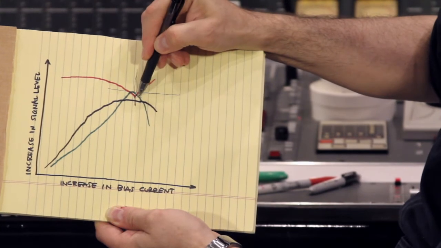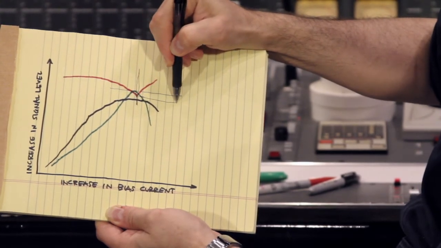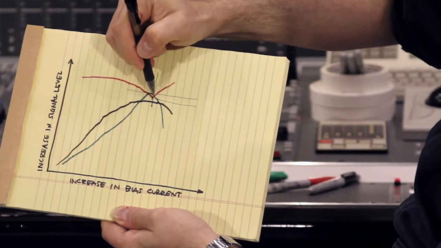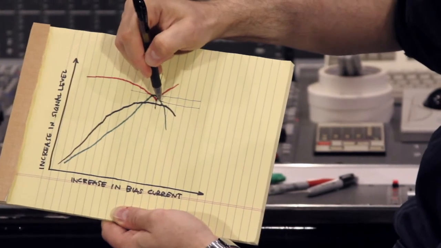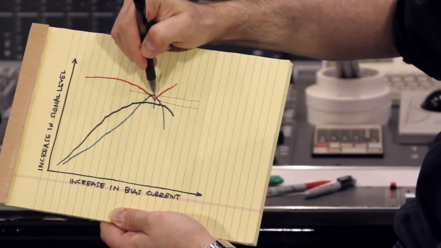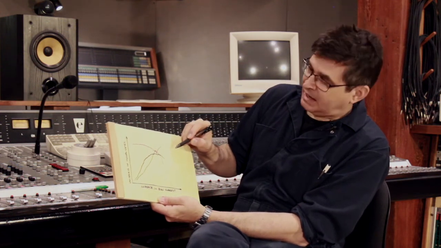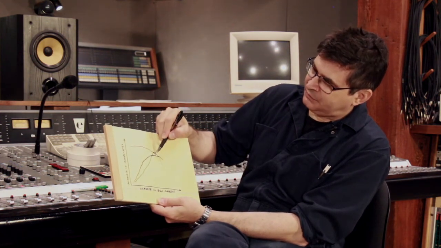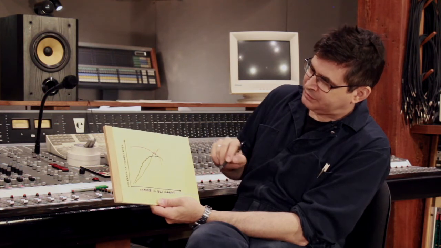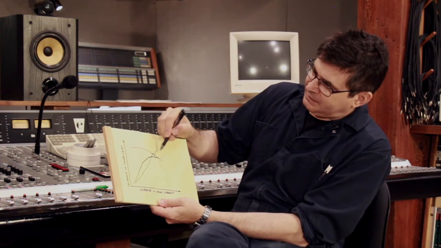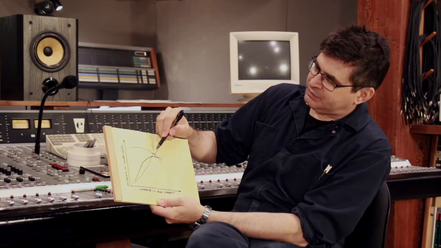If you draw that point over here, you'll see there's a difference in the high frequency response between that point here and that point here. And that difference can be used to calibrate the machine. That is, that difference can be used to find the point of minimum noise and distortion.